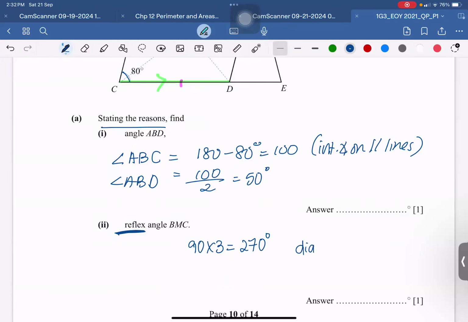The diagonals bisect. The diagonals are perpendicular to each other. Okay, so your answer over here, 270, 50.